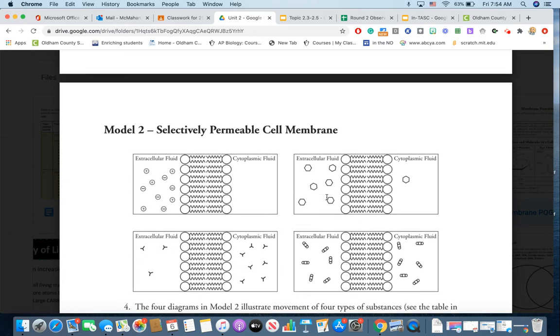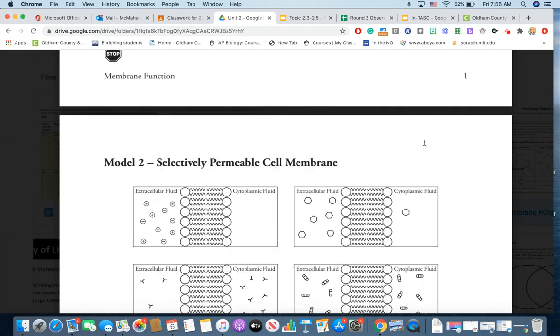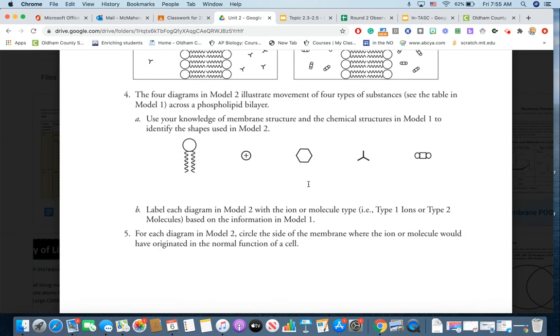And again, if you're going, where do you get these? From the types of molecules back up here in Model 1. Ions are type 1, large polars like glucose are type 2, urea, which is a small polar, is a type 3, and carbon dioxide is a small nonpolar. So that's what you did in B.